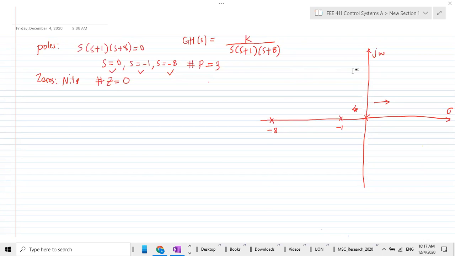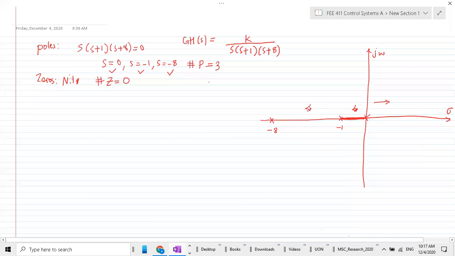So if that is an odd number, then this segment here is part of the root locus. Let's say you stand here now and look in that direction. How many poles and zeros are in that direction? We have 2, right? And 2 is even.